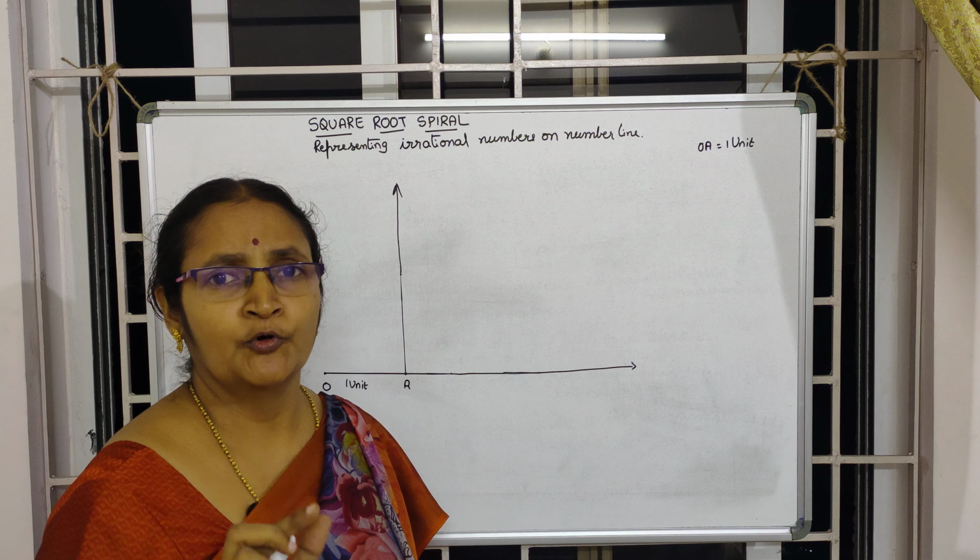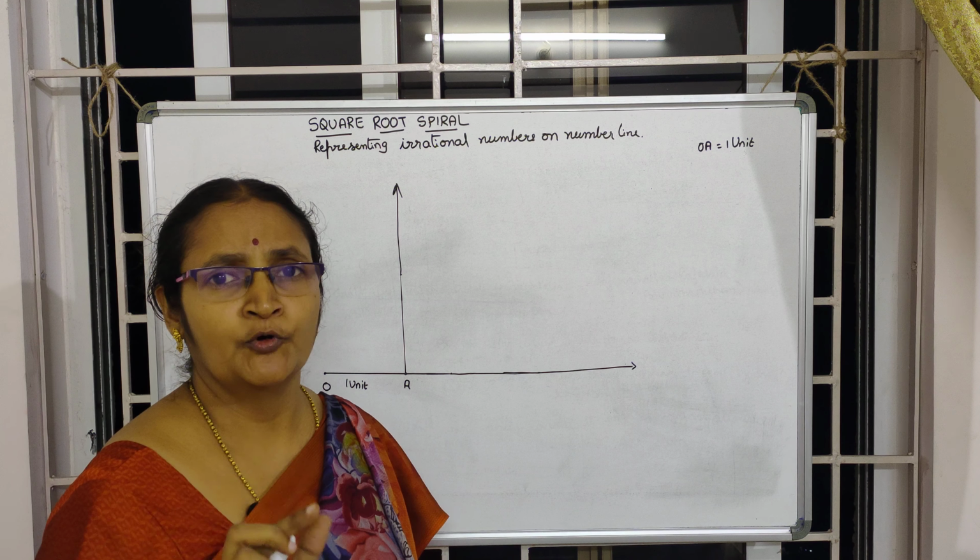On this line, I have to mark the point C on the line at B such that BC will again be 1 unit. BC equals 1 unit.